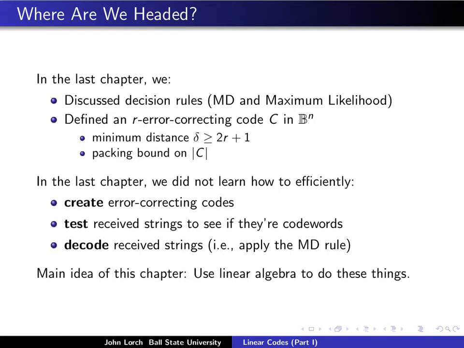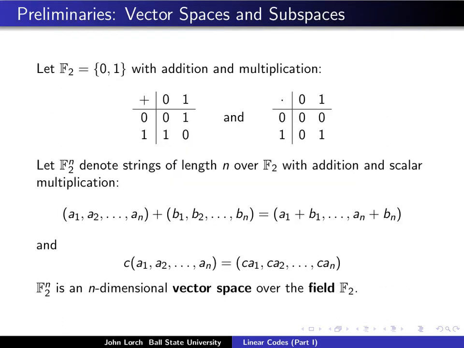So anyway, what we're going to do in this chapter is use linear algebra to help us do some of these things. That is, to create error-correcting codes, test received strings to see if they're code words, and to decode received strings. So in the background of all that we're going to be discussing in this chapter is an arithmetic that we can place on the numbers 0 and 1 and on binary strings.